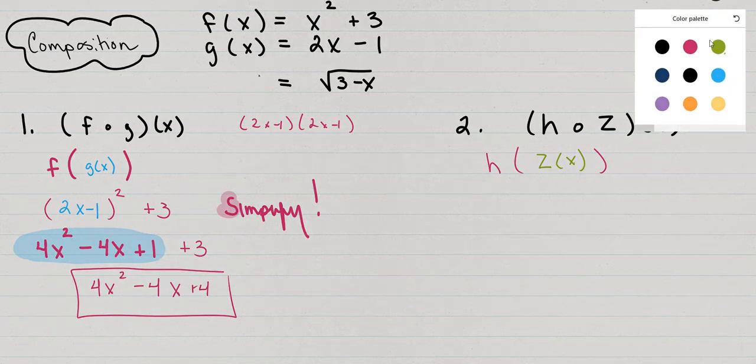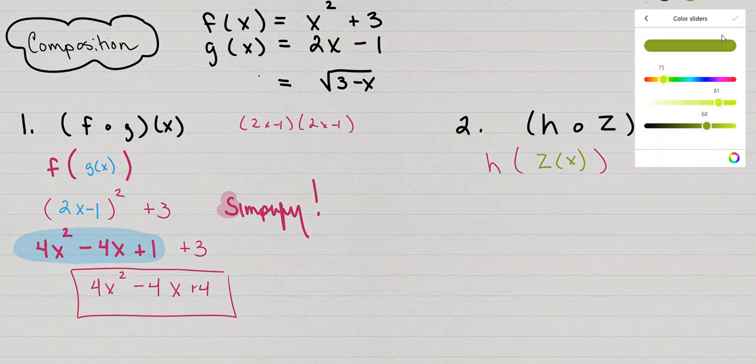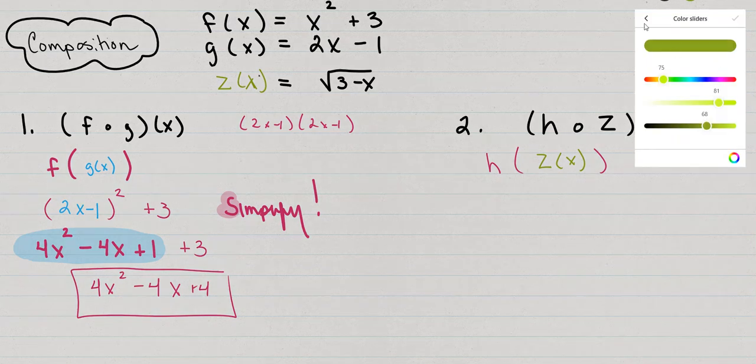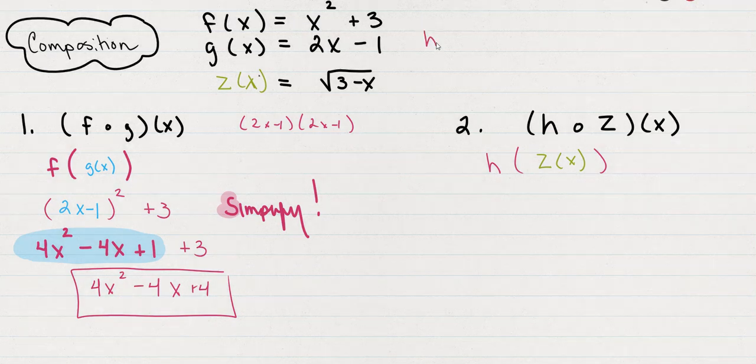I didn't write the h or the z. Let me write these. Z of x should have been the square root of 3 minus x. And h of x was given as x cubed plus 4.